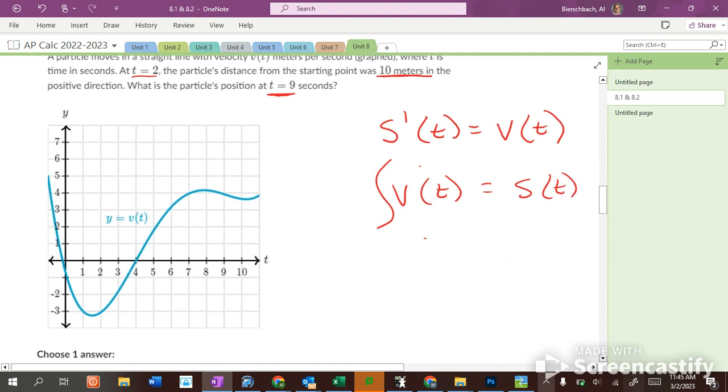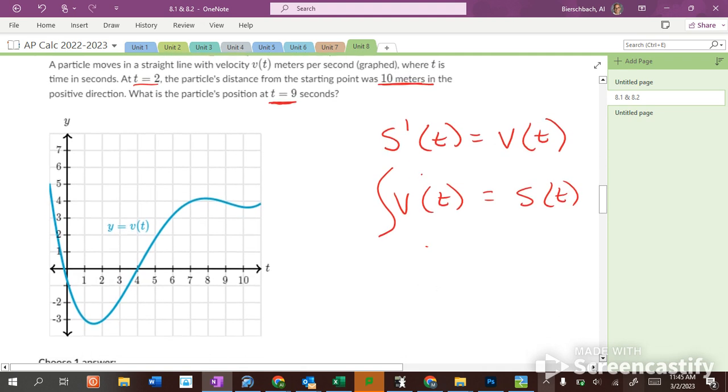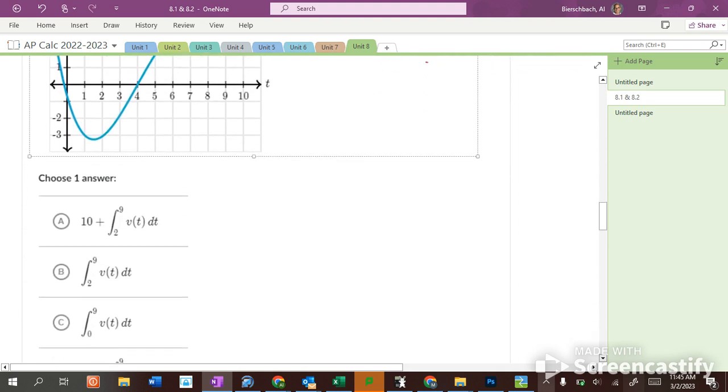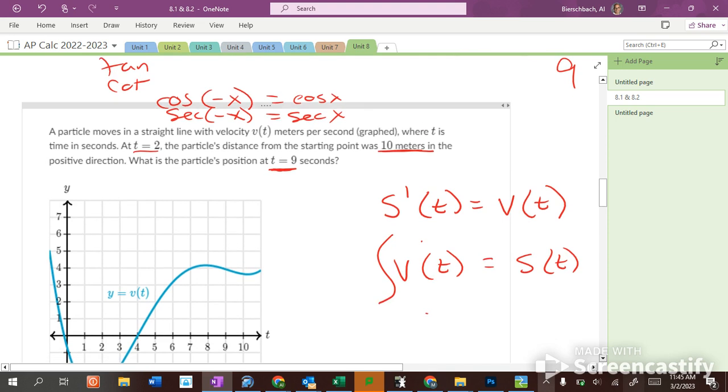Okay? So we want to know what happened from time equals 2 to time equals 9 seconds. If we integrate the velocity from time equals 2 to time equals 9 seconds and put the initial position at 2 seconds, we were at 10, right? Then if we take the integral from 2 to 9 of the velocity, we'll get to whatever position we will be at.